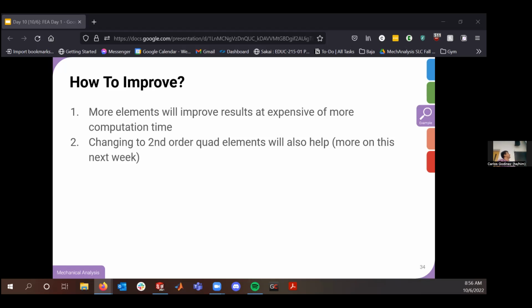Additionally, changing the element type will also help. Changing to a second order quad element would help here. Again, second order elements have a node at the middle of the connections, and quad elements are better suited for this specific plane stress case because there are more nodes and it's a bit easier to represent.